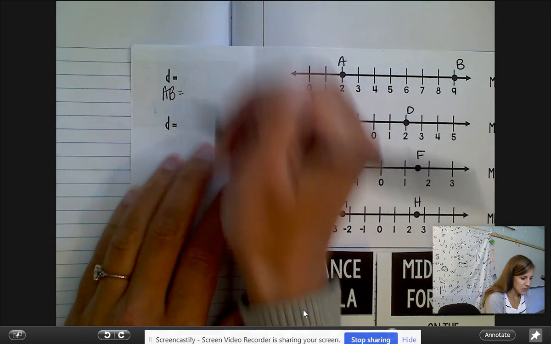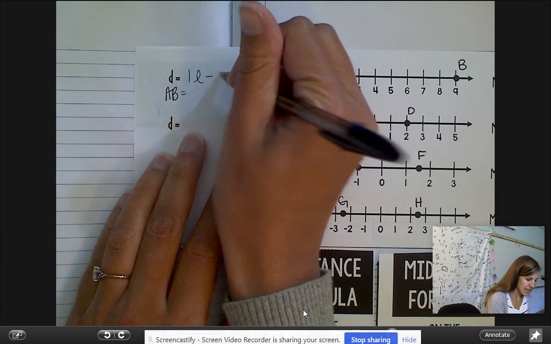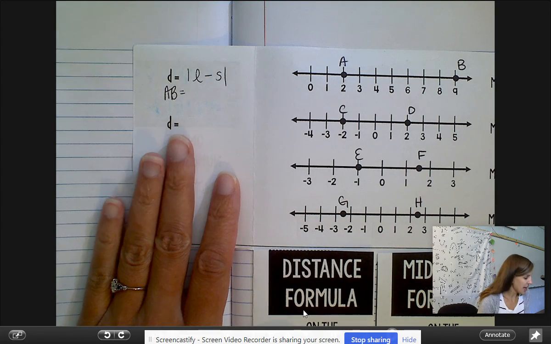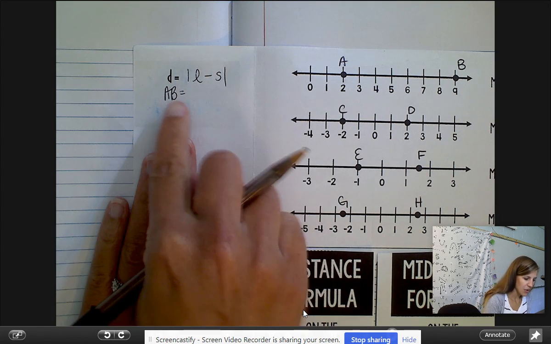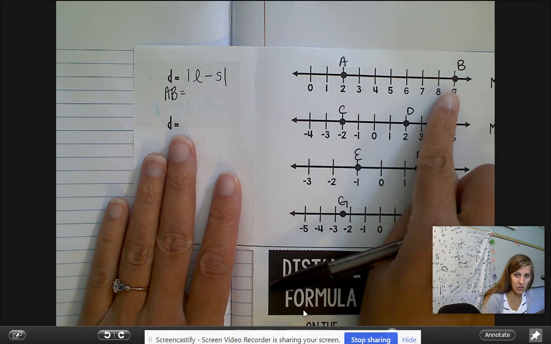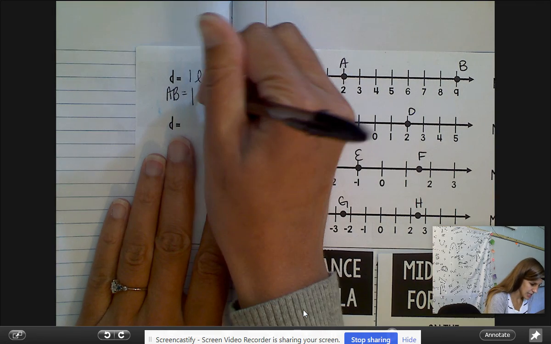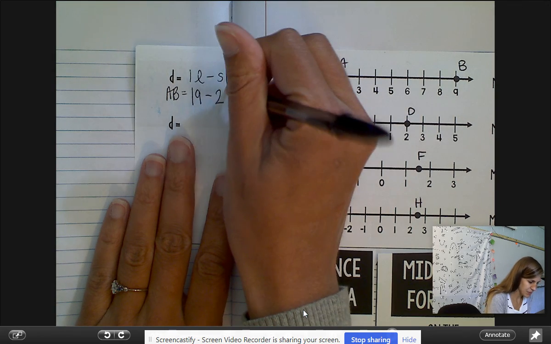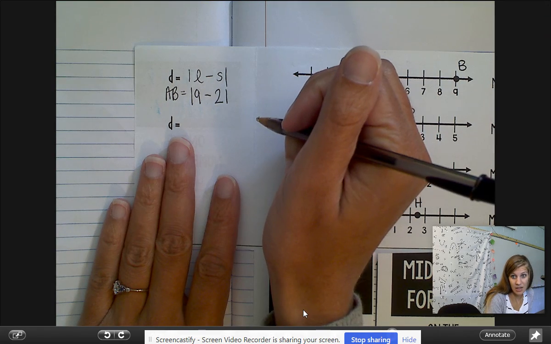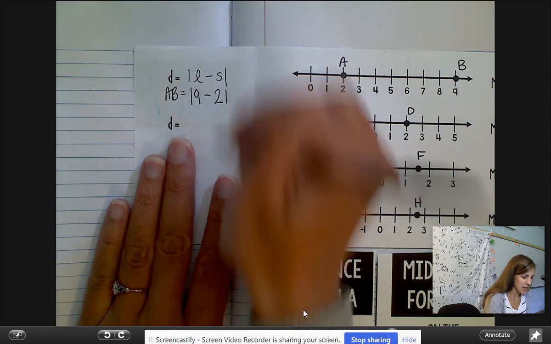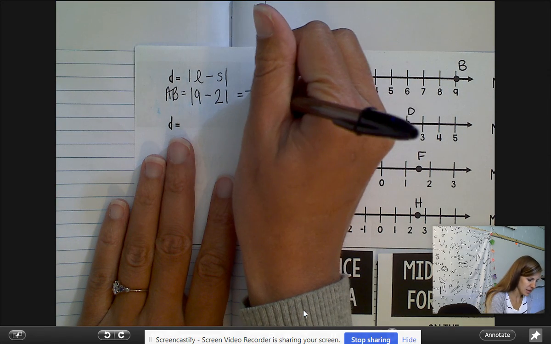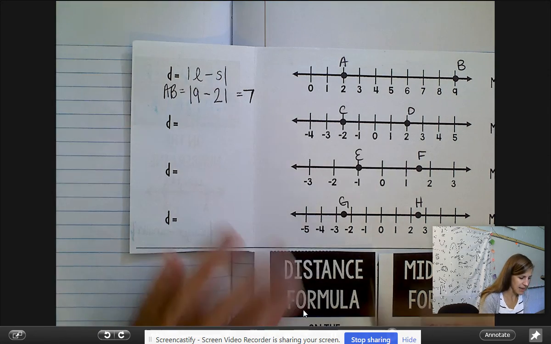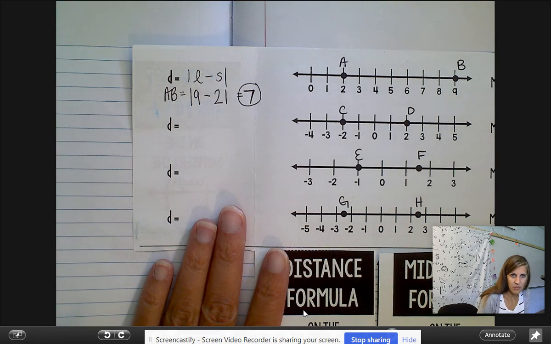Our formula says we are going to do larger minus smaller in absolute value bars like that. Between A and B, the larger number is 9, so we'll do 9 minus the smaller number, which is 2. 9 minus 2 is 7. The absolute value of 7 is 7. And so our length, or the distance, is 7.